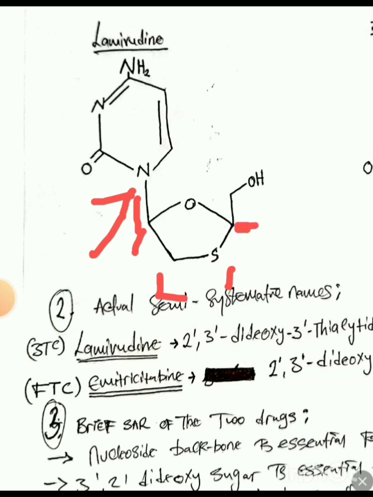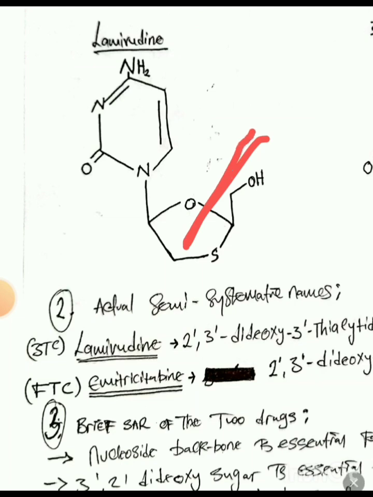So for this sugar, it's a 2 prime 3 prime dideoxy, which has a thiol group at position 3 prime. So this is lamivudine structure.